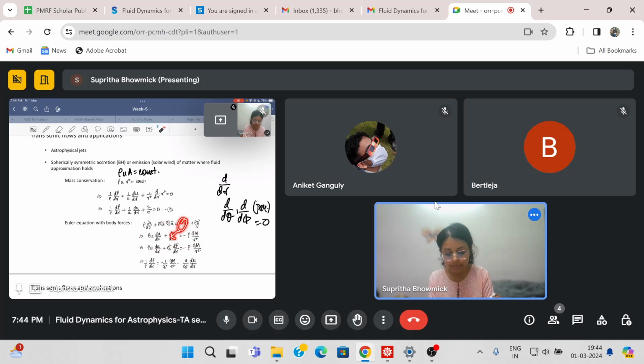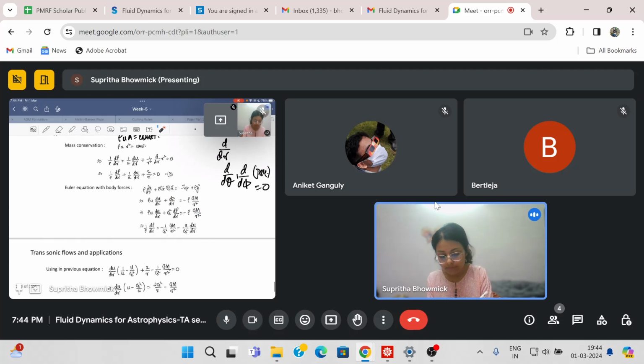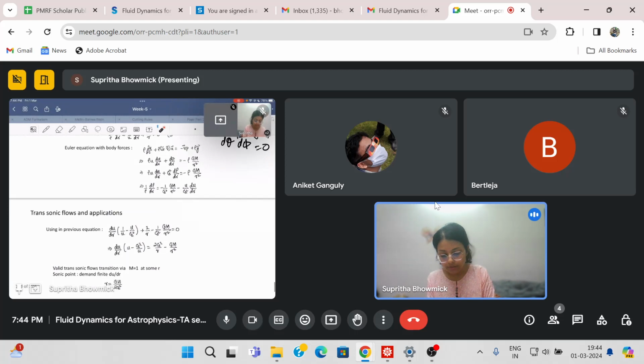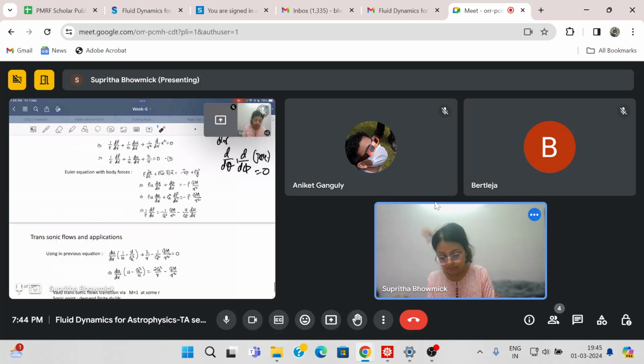This is dP/dr, and g is GM/r². Once again, dP/dr we write as ∂P/∂ρ times dρ/dr, and ∂P/∂ρ is written as C squared, and this equation is rewritten as this. What we do is use this expression of 1/ρ dρ/dr in the previous equation, and this then becomes this equation.